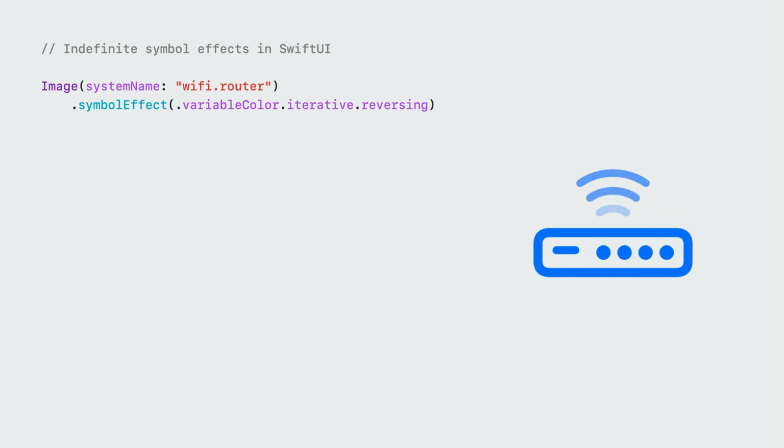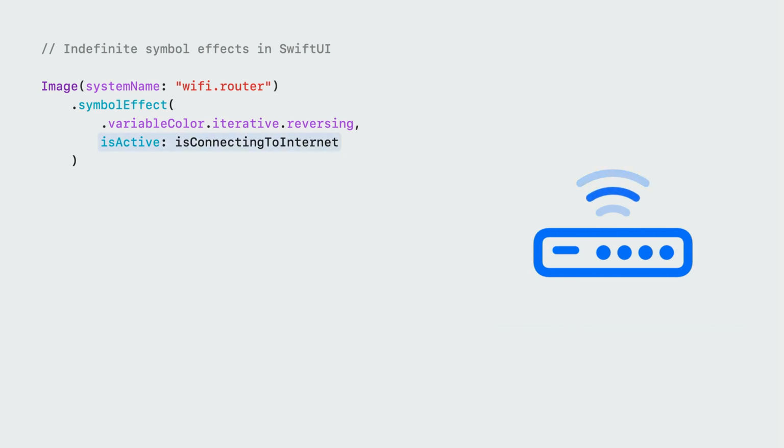So using the symbol effect modifier, I can apply a variable color effect, which continuously plays an animation. But I also need a way to control when the effect is active. I wouldn't want this animation to keep playing after my app successfully connects to the network.